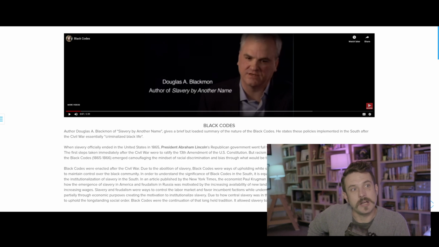These are unofficial and official codes, laws, taxes that get put in place to disenfranchise, which means take the vote away from Black Southerners. And not just Black Southerners, poor people in general, because some of these would disqualify white Southerners too.